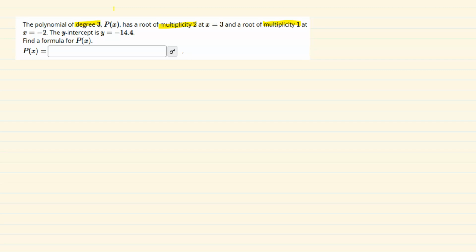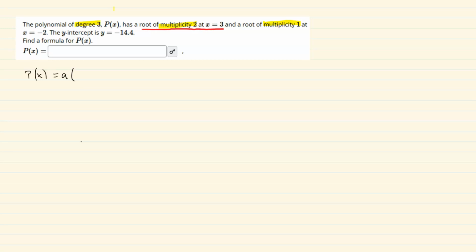Okay, so first, let's look at the root of multiplicity 2 at x equals 3. The root at x equals 3 tells us that we are in the form, well, first off, let's put p of x here, is equal to, now we're going to have an a out in front. We don't know what this is. That's the last thing that we're going to be going after, that leading coefficient.